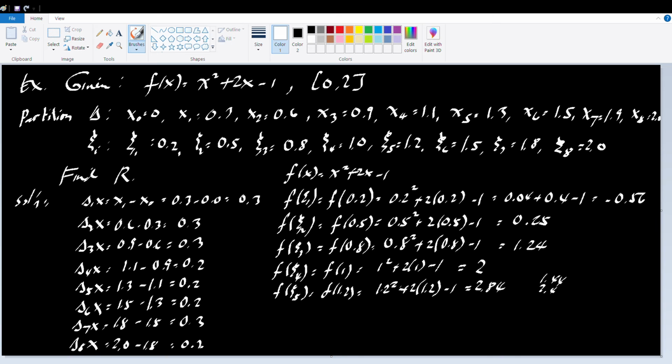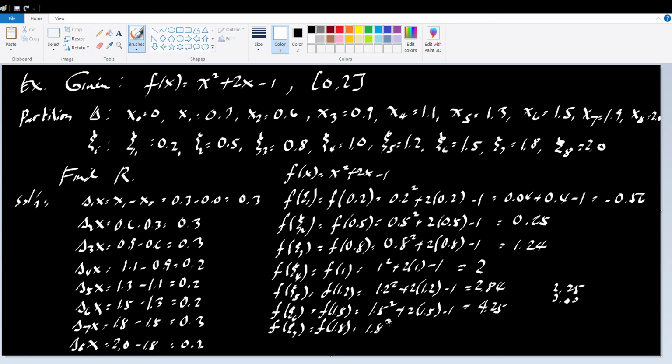Adding them up, 3.84 minus 1 is 2.84. Okay, so we continue. f of c sub 6. Our c sub 6 is 1.5. So f of 1.5, 1.5 squared plus 2 times 1.5 minus 1. 1.5 squared is 2.25 plus 3 minus 1. So 5.25 minus 1 is 4.25.